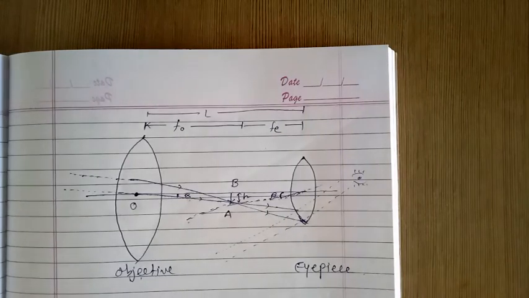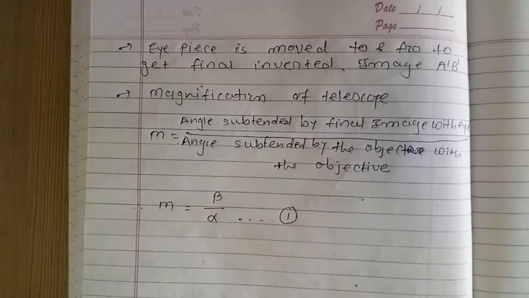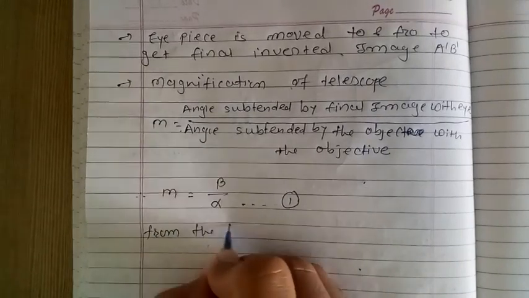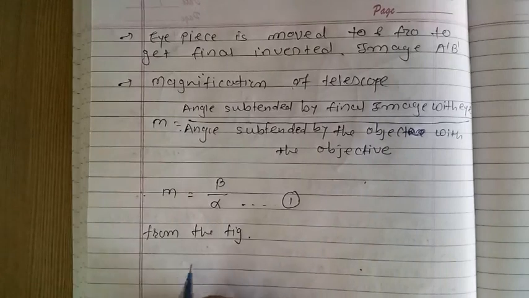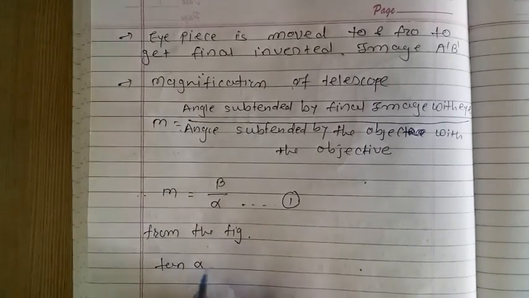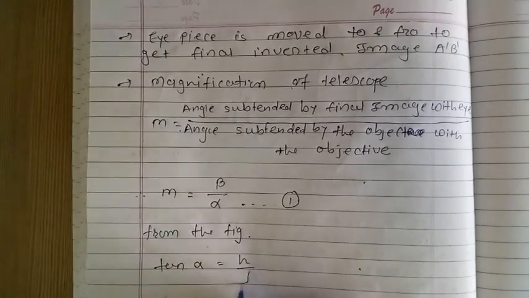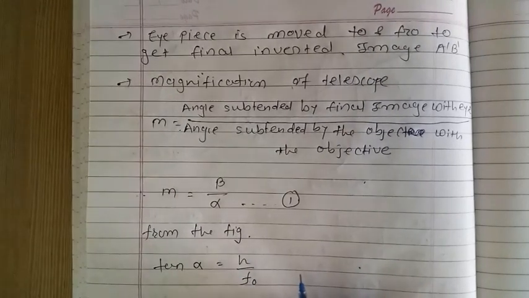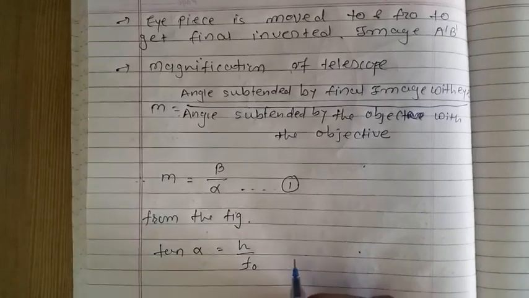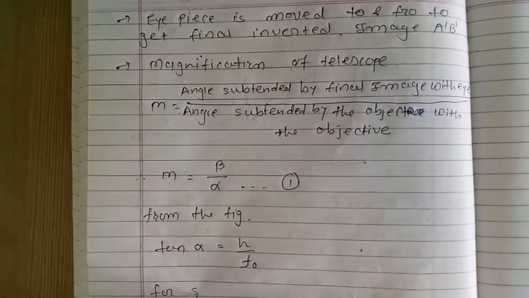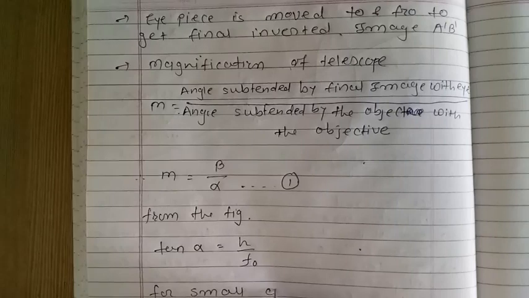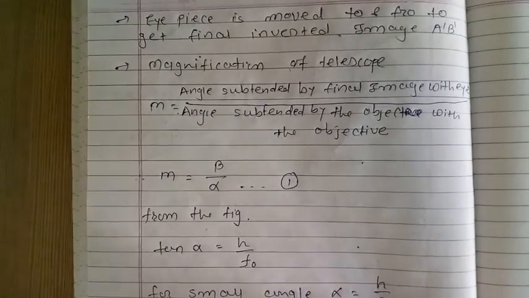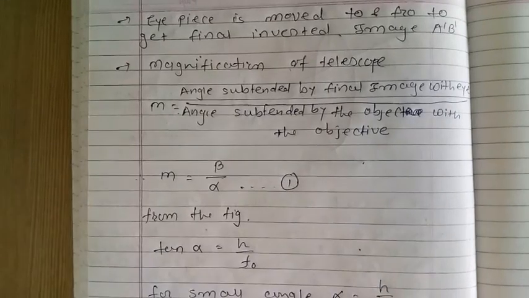So from the figure, we can write that tan alpha is equal to h by Fo, and we know that for small angle, alpha is equal to h upon Fo, number 2.